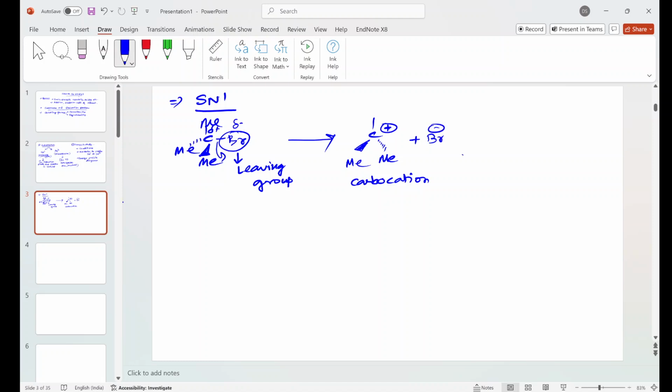In the second step, there will be a weak nucleophile, H2O. This one will come and attach to the carbocation center. So what you will get?